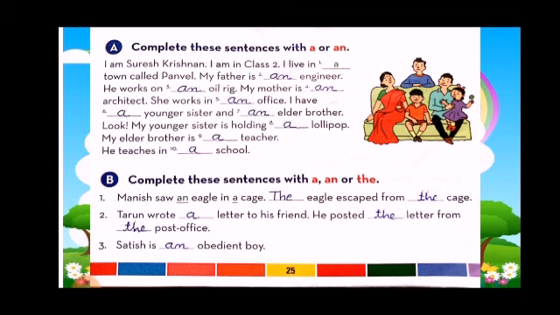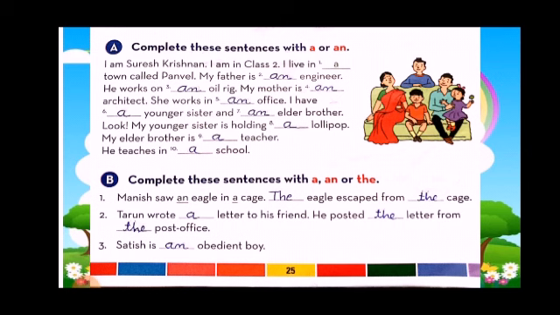I have a younger sister and an elder brother. Here the word younger begins with consonant sound Y, so we used article A. Elder brother. Here the word elder begins with vowel sound E, so we used article AN.